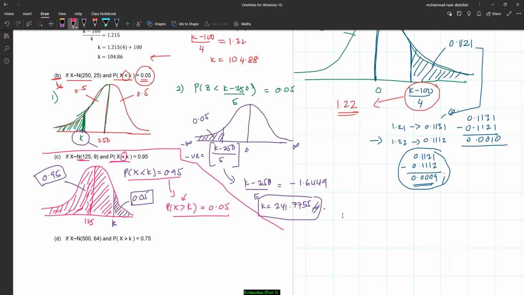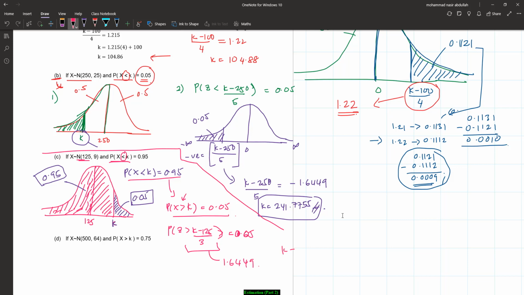So here 0.05. Earlier we know 0.05 is 1.6449. So it should be on the positive side. So probability of Z more than K minus 125 divided by 3 is equal to 0.05. So this value is equal to 1.6449.